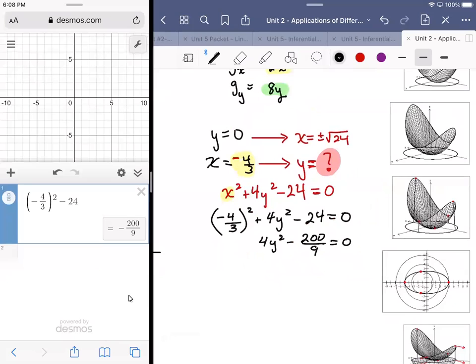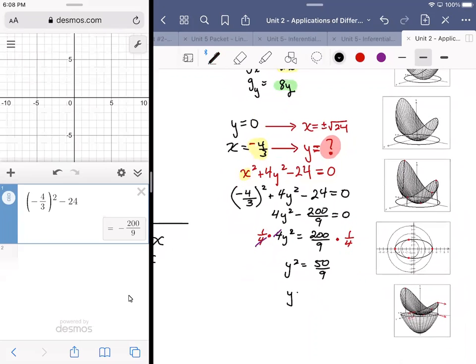All right, I can divide everything by 4, but since I'm just going to end up solving for y anyway, I can just add the 200/9 to both sides, then multiply both sides by 1/4. That gets rid of the 4s here. So you get 50/9, which gives me a y equal to plus or minus the square root of 50 over 3.